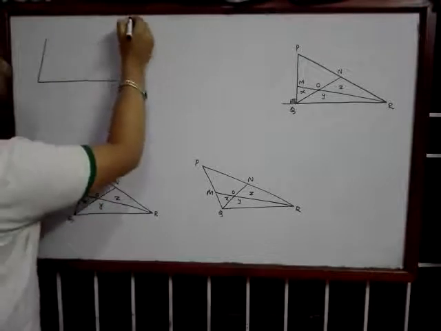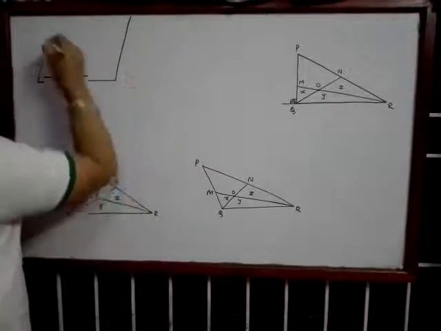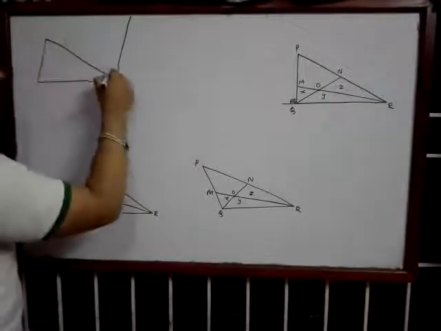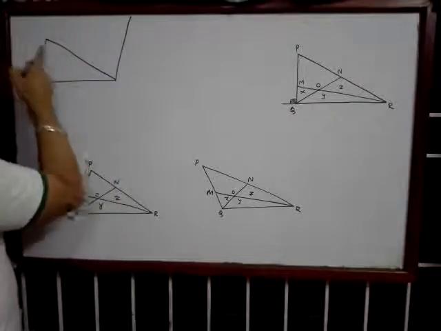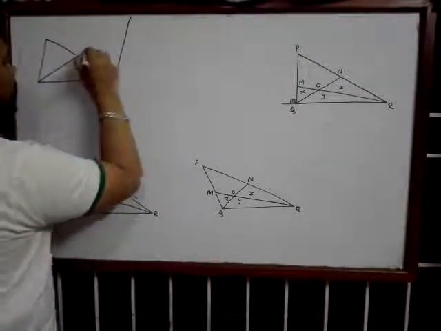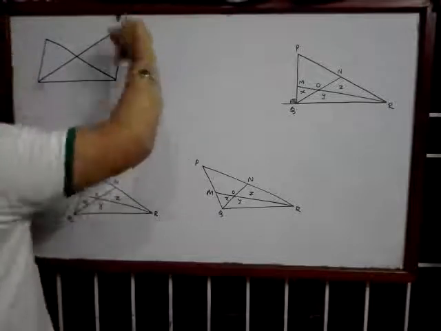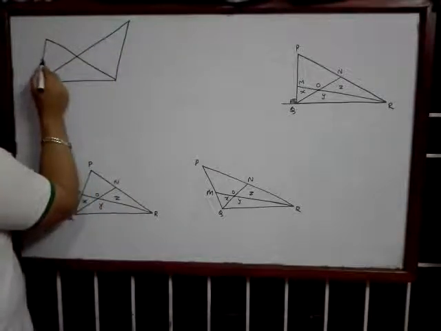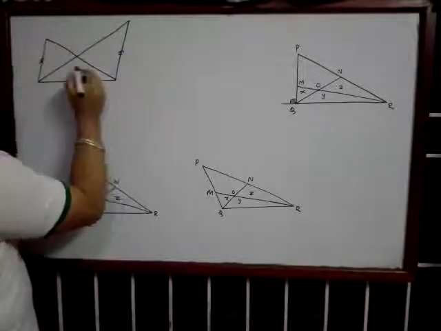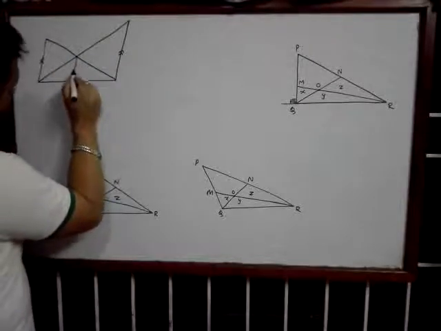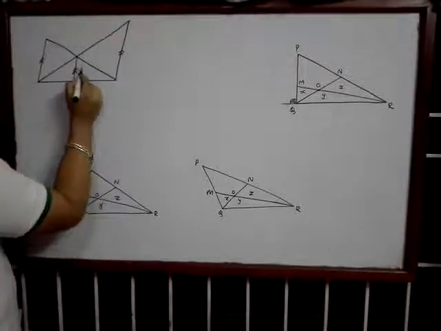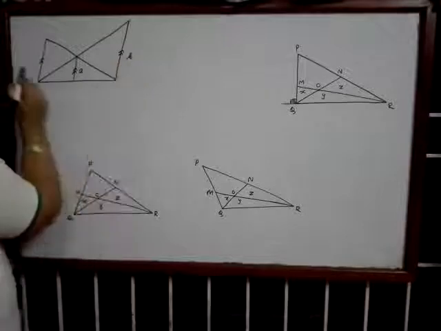I could make this side shorter, it doesn't matter. This is a straight line. It doesn't look like a straight line, but it is. This is parallel to this, and this too. Let's call this A, let's call this B, let's call this C.